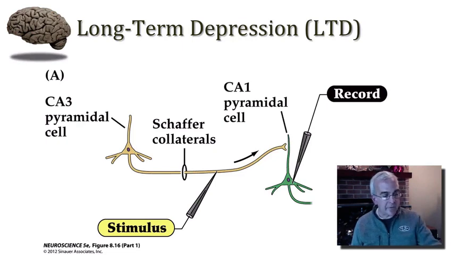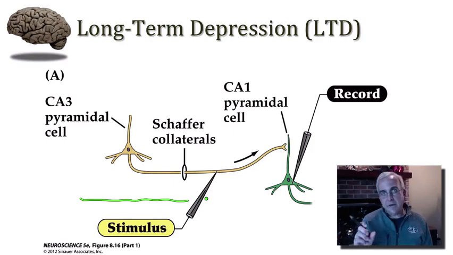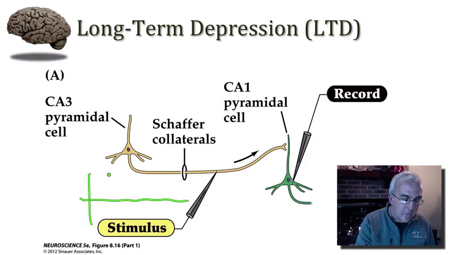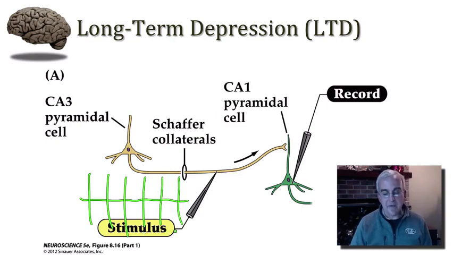Only now the critical difference is the frequency of stimulation that's applied in order to induce plasticity. Whereas previously we had a short high-frequency burst of action potentials as our stimulus, now what we have is a more extensive period of low-frequency stimulation as our stimulus that induces long-term depression.